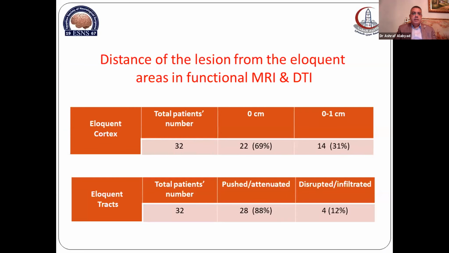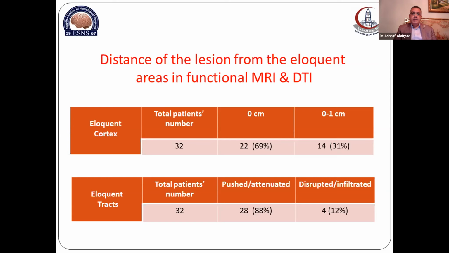Regarding our cases, the distance of the lesion from the eloquent area in the functional MRI: the eloquent cortex was at 0 distance or displaced by the tumor in 70% of patients, while it was less than 1 centimeter in 30% of cases.